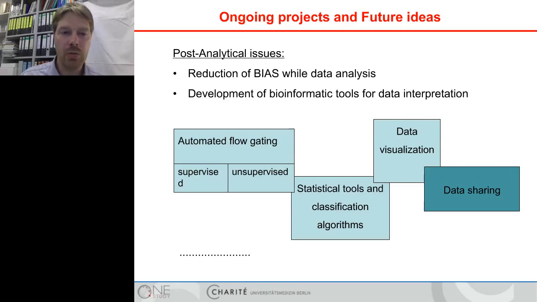So there are 2 possibilities, supervised and unsupervised automated flow gating. But it is also necessary to develop other statistical tools and classification algorithms and improve the data visualization. In the end, we hope that, especially with the harmonization within other studies, we can do data sharing of these increasing data pools using the backbone panels.